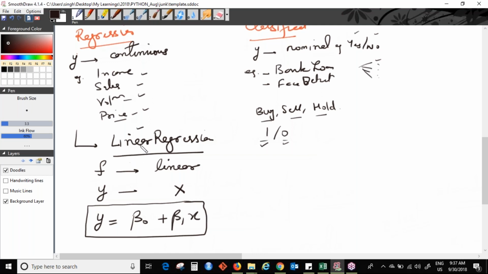The assumption is that it should be linear, and this is the linear relationship. Do you understand what this equation is? What is the structure of this equation?